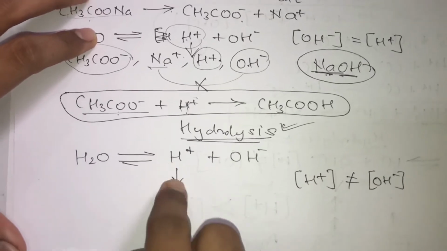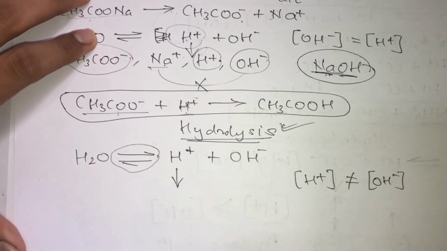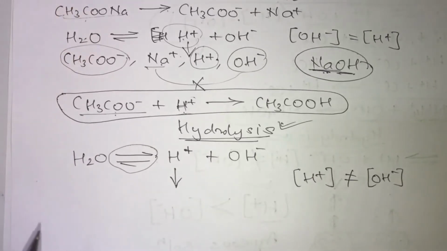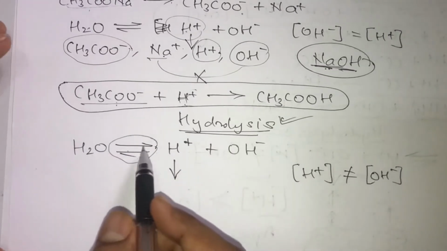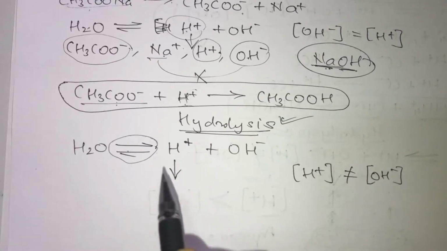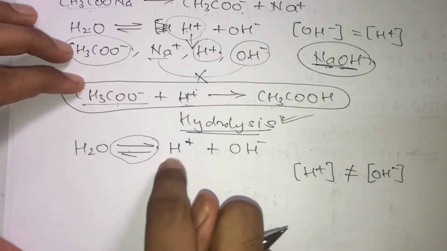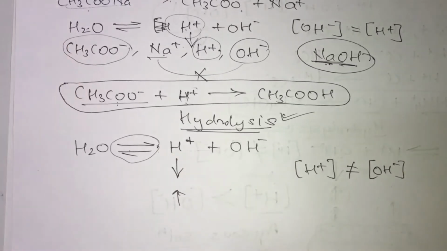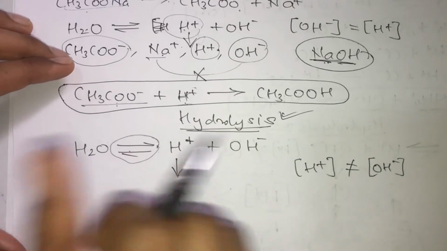Now since the H plus ions have decreased, this equilibrium is being disturbed. Since this equilibrium is disturbed, according to Le Chatelier's principle, the reaction will try to achieve a new equilibrium, and it will try to increase the concentration of H plus ions. And how can it increase the concentration of H plus ions? By converting this H2O to H plus and OH minus.